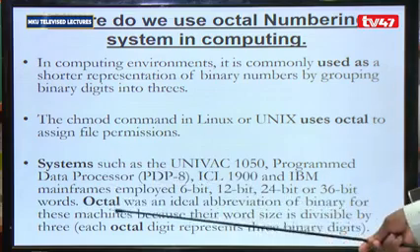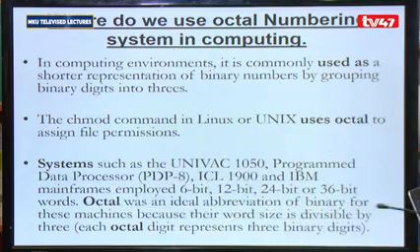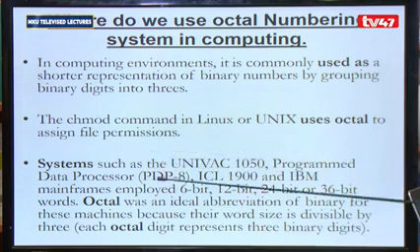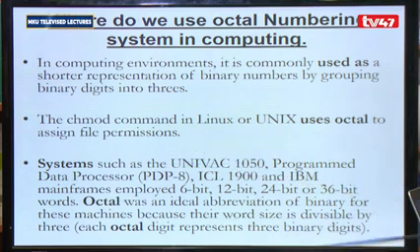They were using this particular numbering system. And therefore, this octal abbreviation was most ideal for the representation of data in these computers, because the word size of these systems was represented using 3-bit groupings.